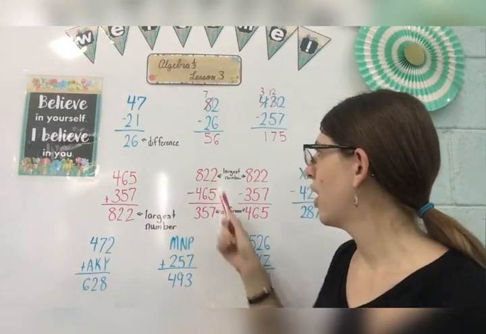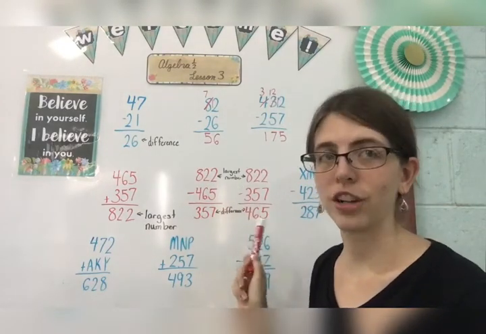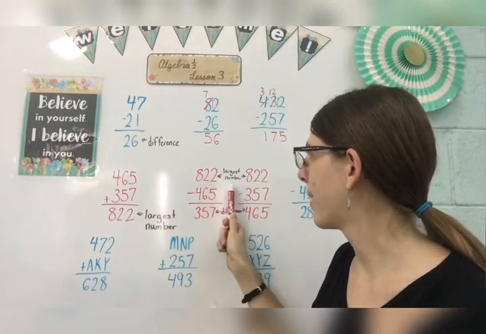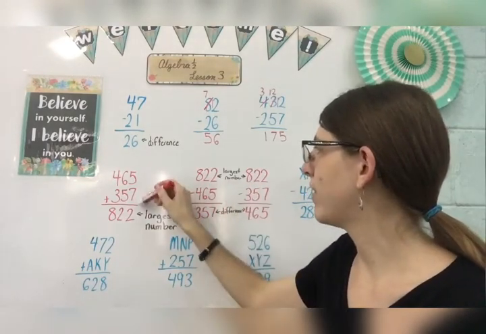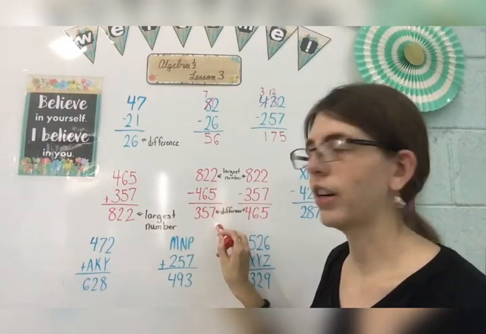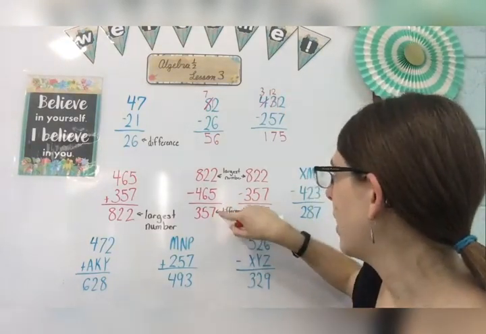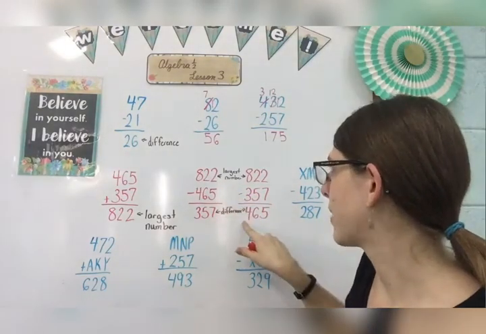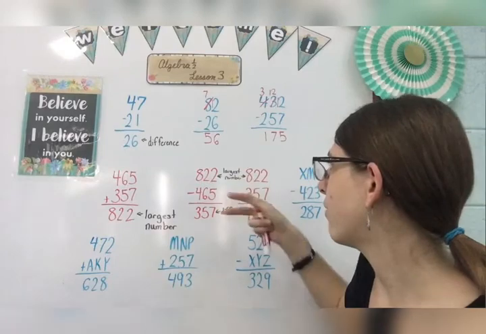Over here, this is subtraction, your largest number goes on top. And then whichever one of these smaller numbers you subtract, the other number will be your difference. And if you flip and put this number here, you're subtracting this number, then the other number becomes your difference. It just completely flips.